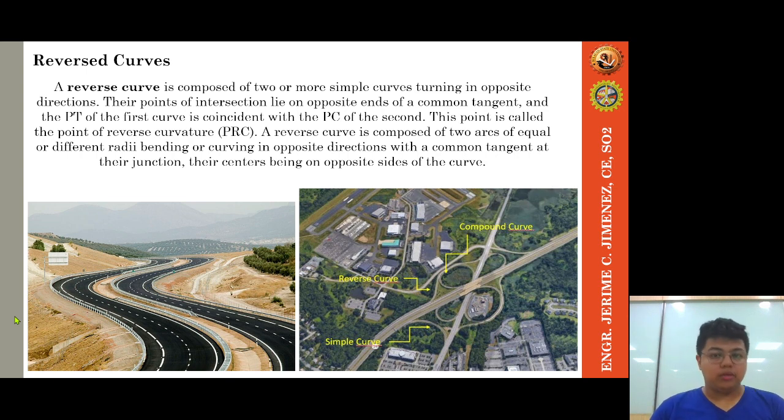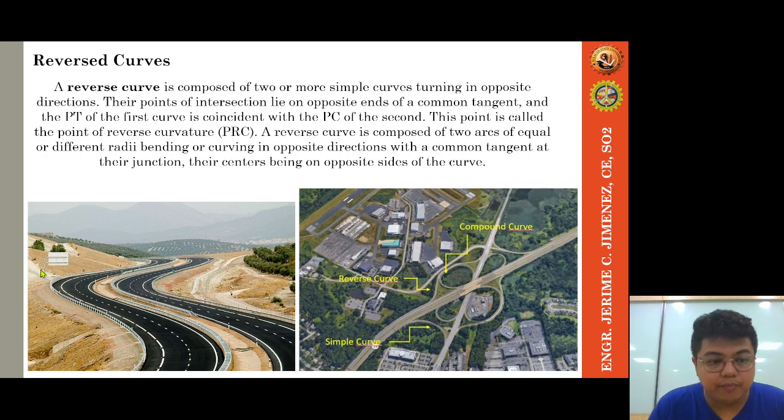And that point is what we call the point of reverse curvature or the PRC. So a reverse curve is composed of two arcs of equal or different radii, bending or curving in opposite directions with a common tangent at their junction, their centers being on opposite sides of the curve.